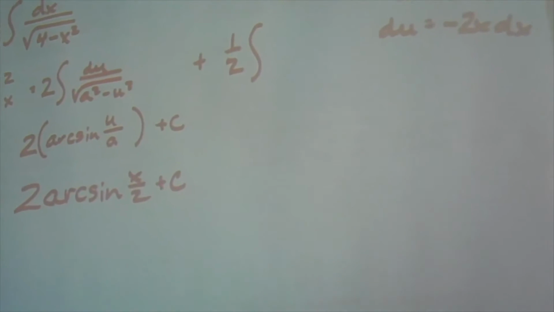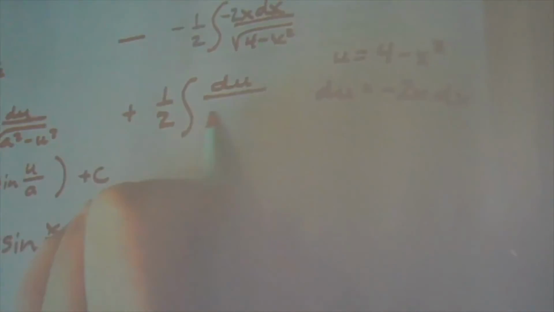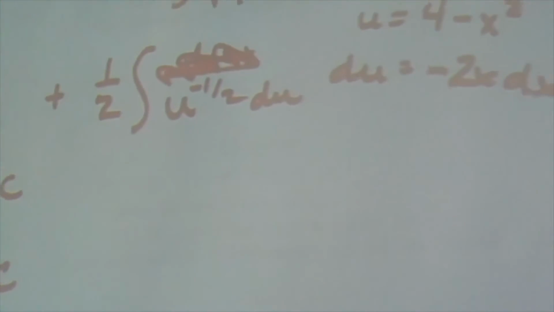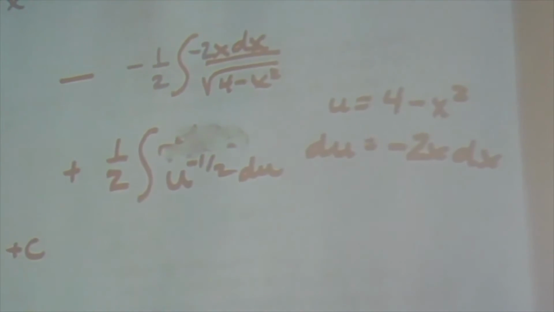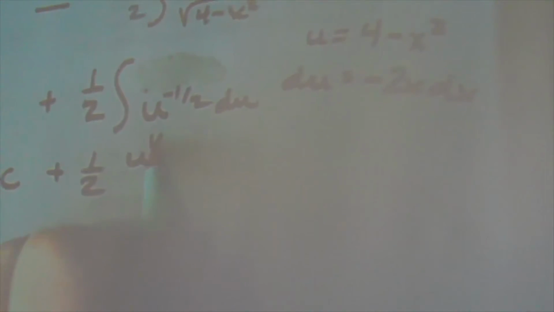That's a no. Okay, so this is du over the square root of u. So can I write this? This is really u to the negative 1/2 du, right? It's over the square root of u. Negative 1/2, we get u to the 1/2 over 1/2 plus c.